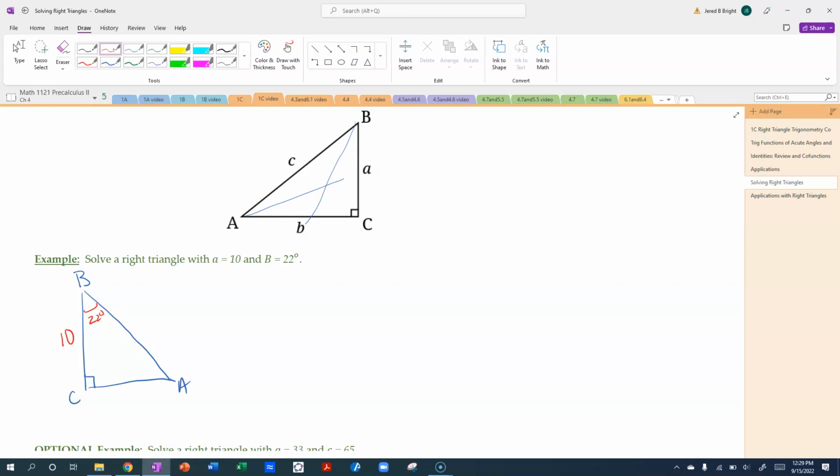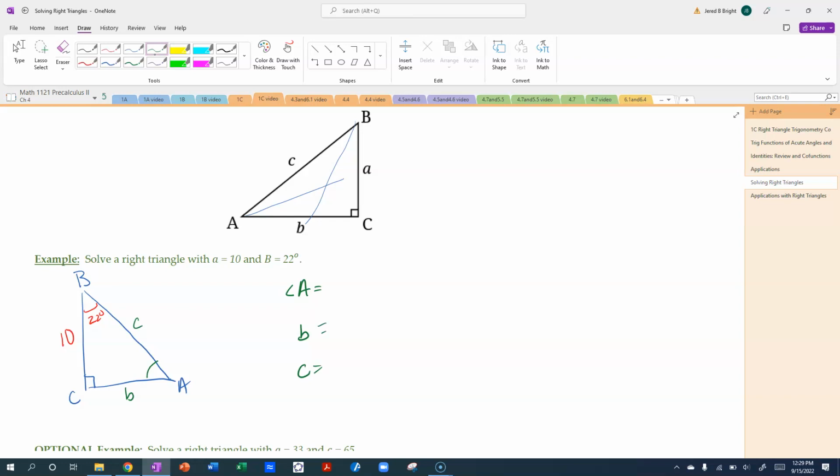So in total, what do I need? I need angle A, so I need to know what angle A is. I need to know, this is little c and little b, so I need to know what B and what C are. That's what I need to report for my answer.